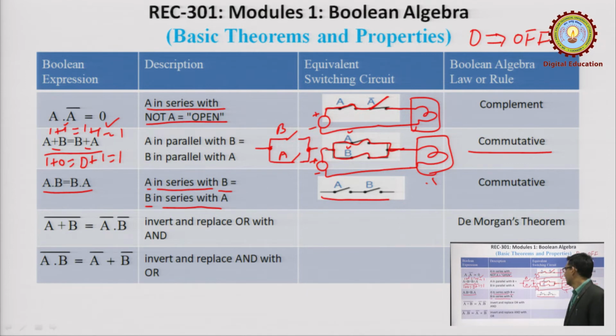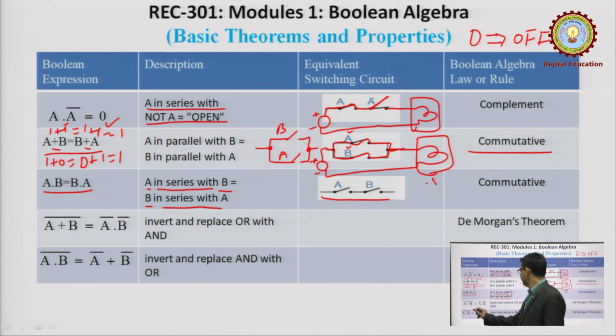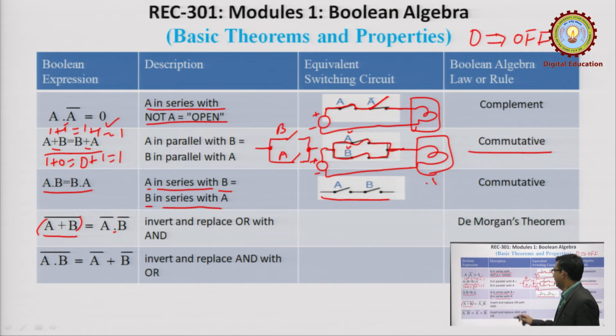Okay. Now, the third one is A plus B whole bar is equal to A bar dot B bar. Okay. Invert and replace with OR and AND. So, what does it mean?